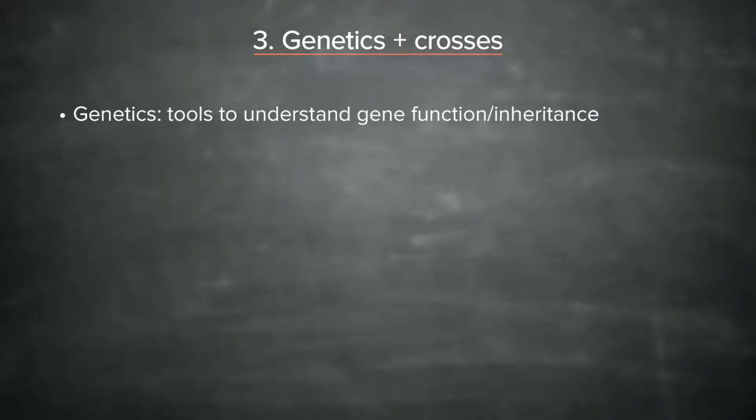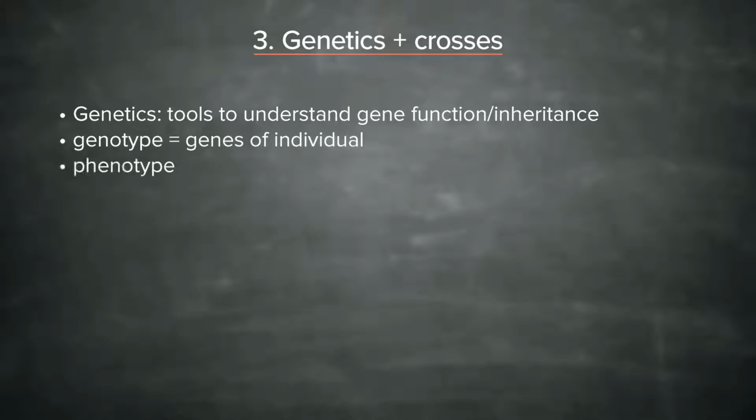Let's make a short listing of some key points you need to know the terms for. Genotype refers to the genes of an individual. Phenotype, we've mentioned, is an observable trait that you can see by eye or by some kind of other assay.